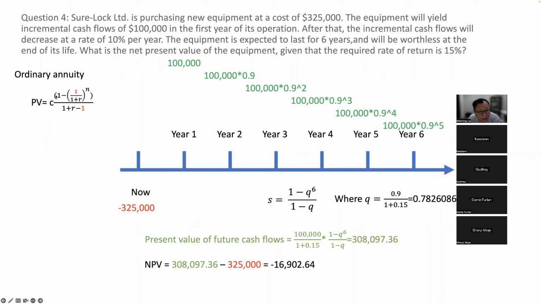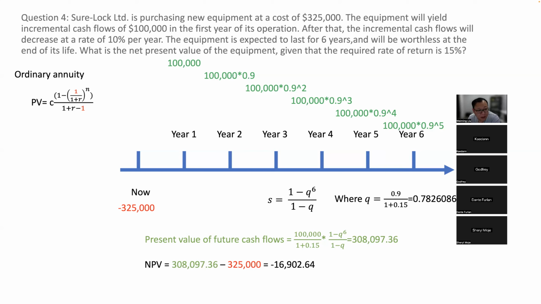On top is 1 minus 1 over 1 plus R to the power of N. That's the number of the cash flow divided by R, which I rewrite differently. Basically 1 plus R minus 1, so the two ones will cancel out, and you still only have one R in the denominator.